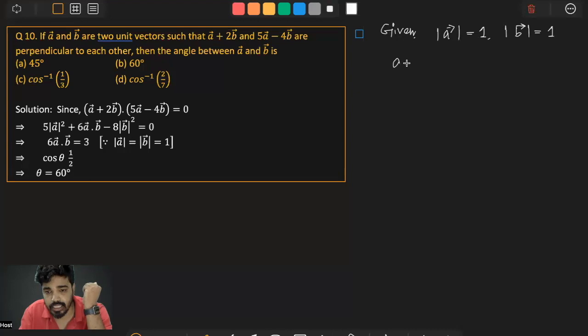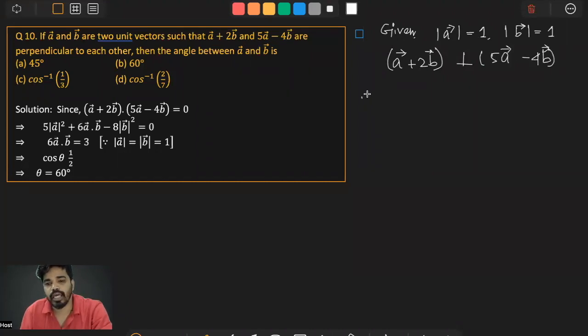That means A plus 2B is perpendicular to 5A minus 4B. Therefore we conclude that (A plus 2B) dot (5A minus 4B) is equal to 0.